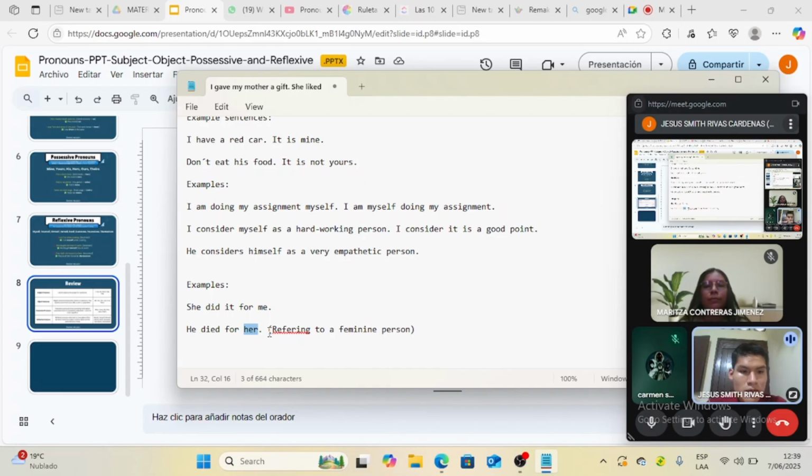Aunque ustedes saben también que she significa ella, pero en este caso no podemos usar she, porque she usualmente, al igual que otros pronombres sujeto, van al inicio de la oración. Pero si quieres decir ella al final de la oración tienes que usar her, porque her es un pronombre objeto que se posiciona al final de la oración y recibe la acción, en este caso la acción de morir.